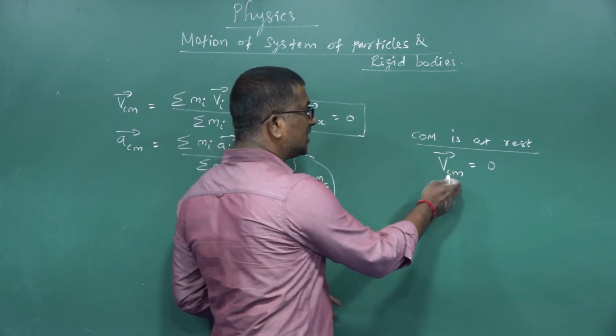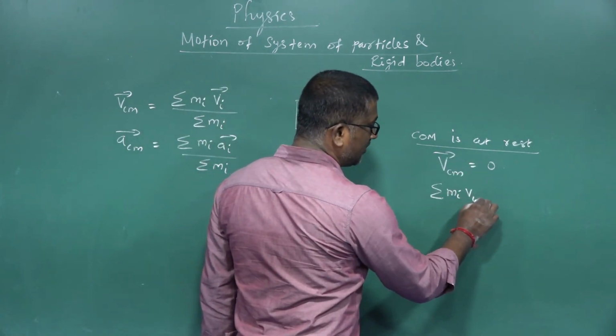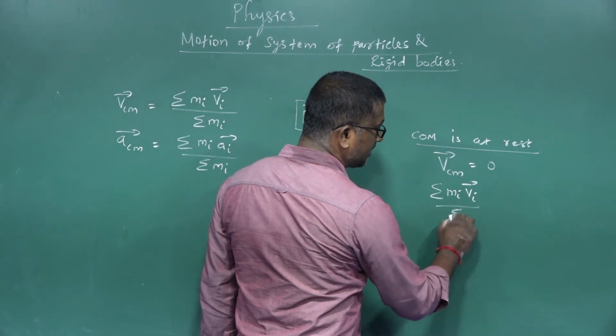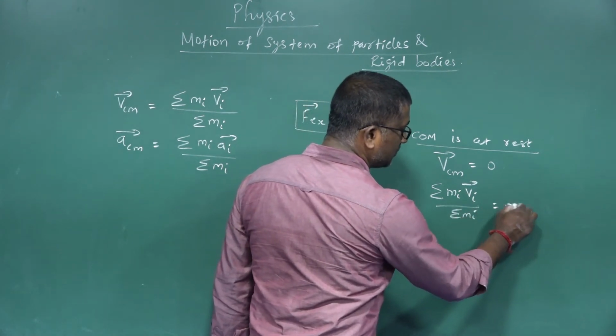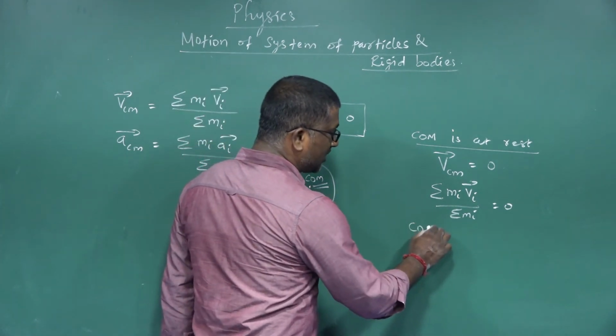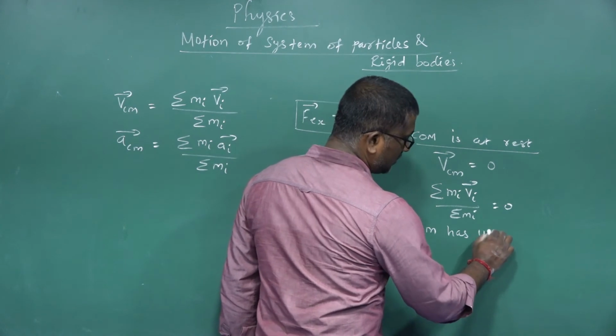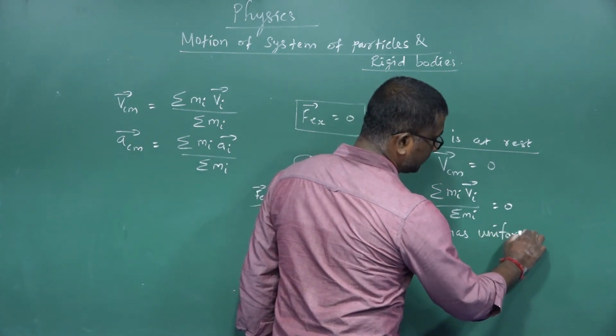So V_cm vector is equal to 0, or summation m_i v_i vector divided by summation m_i is equal to 0. Suppose the center of mass of the body has uniform motion.